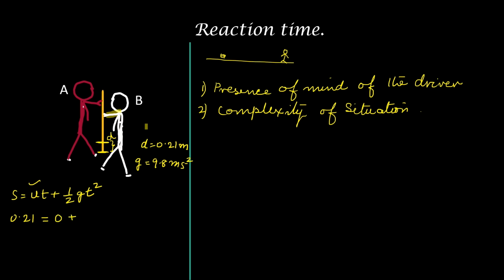So S is equal to ut, which is 0, plus half into 9.8 into t square. 2 in the denominator of the right hand side is shifted to left hand side. So 0.21 into 2 is equal to 9.8 into t square.